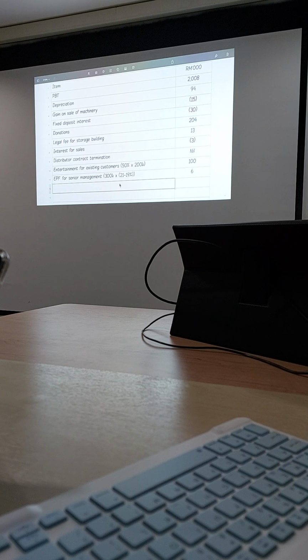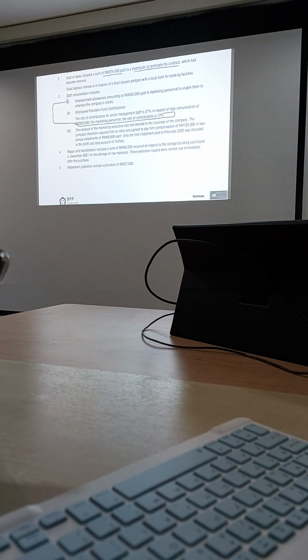Okay, then the EPF for marketing staff. No, I already draw the linking line. 60k. The linking line here. The link, no, it's not that. It's this 200k, 50% not allowed.